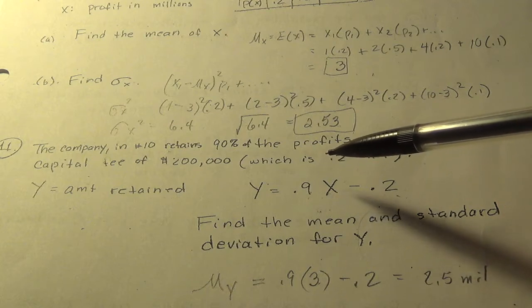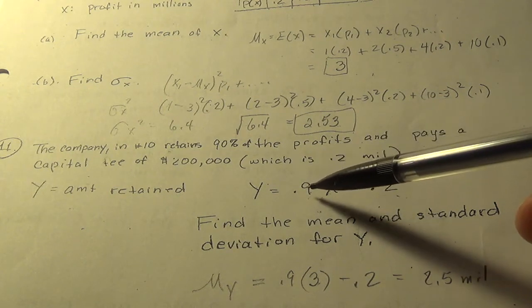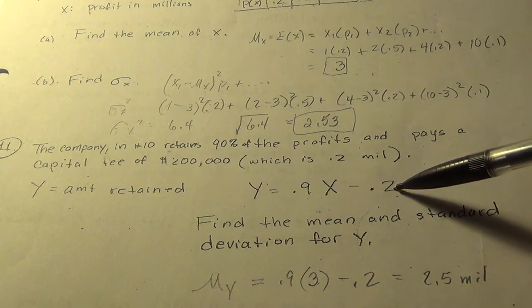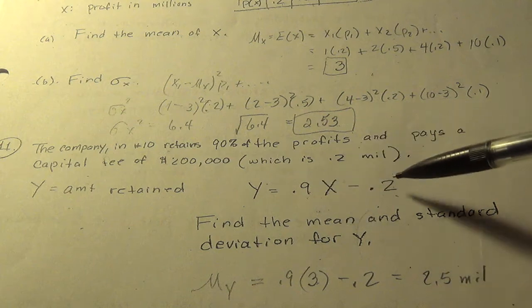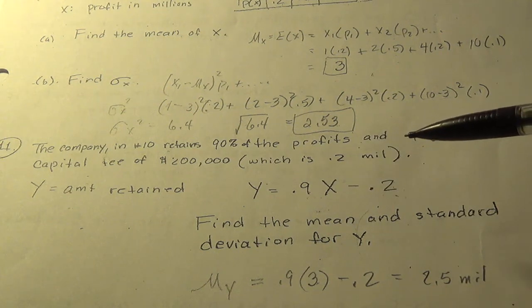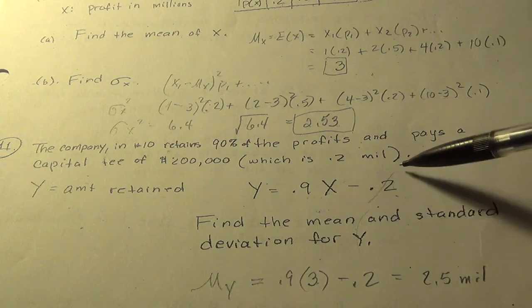When finding the standard deviation, when a random variable is both multiplied and subtracted or added, only one of these operations will affect the actual standard deviation, and it's this one that does not affect it.